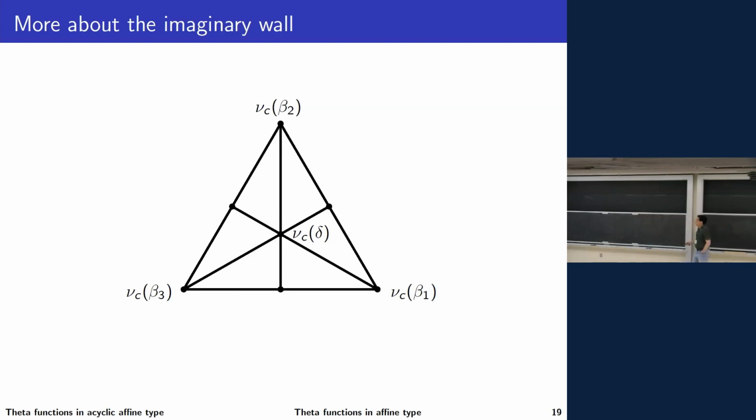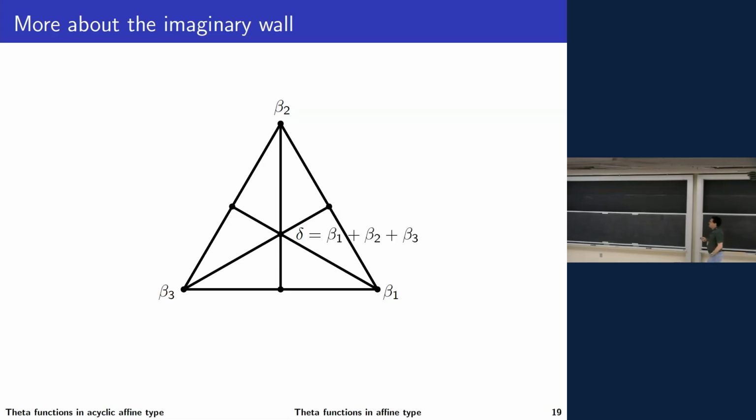So there's 3 roots that I'll call just beta 1, beta 2, beta 3. I apply this nu sub c map, but can I get rid of the nu sub c map? It's not good. I wouldn't want to write a paper this way, but for a talk, let me just pretend that these really are just beta 1, beta 2, beta 3. And everything that I'm going to do sort of commutes with leaving out the nu sub c anyway.